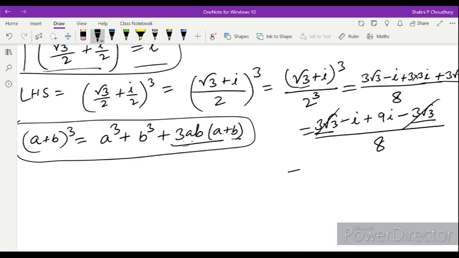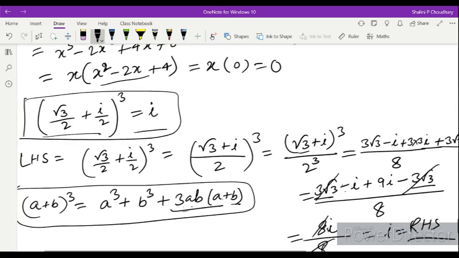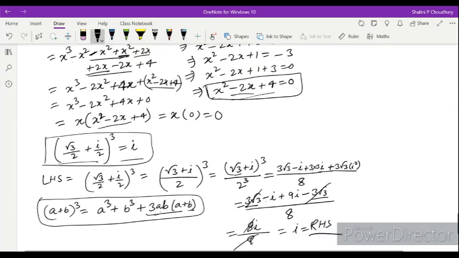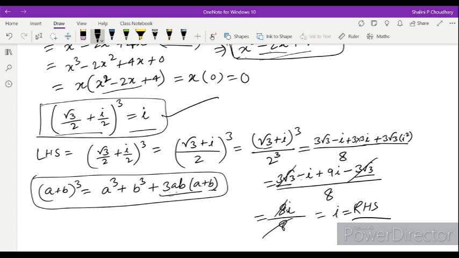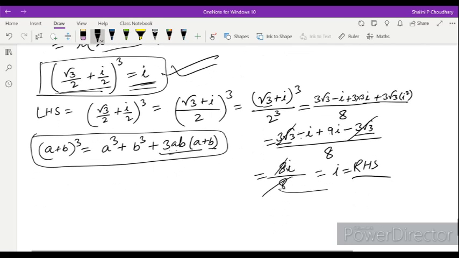So what value are we getting? 9i minus i will be 8i divided by 8. So we are getting i, that is equal to the RHS. We can see here, this we had to prove, and this is equal to i, and hence proved. Now another question we'll do.